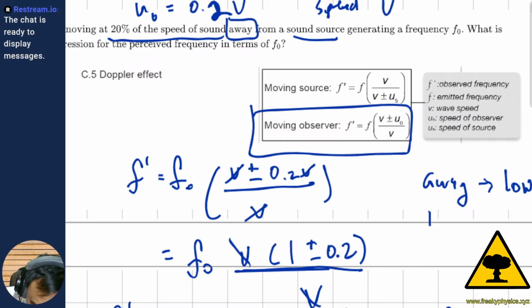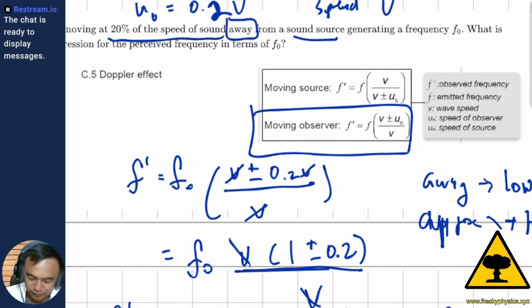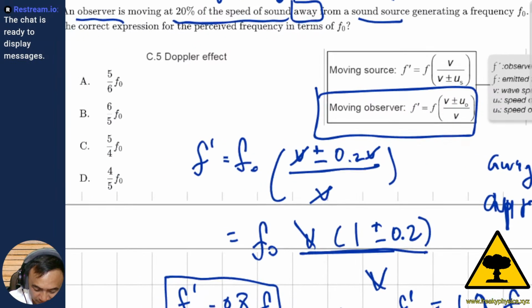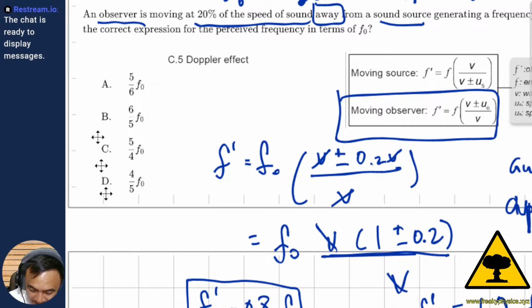And then approach would be a high F prime. Now, having said that, since it's now away, we want the lower F prime. So our answer is this. Which one is this relative to our choices?